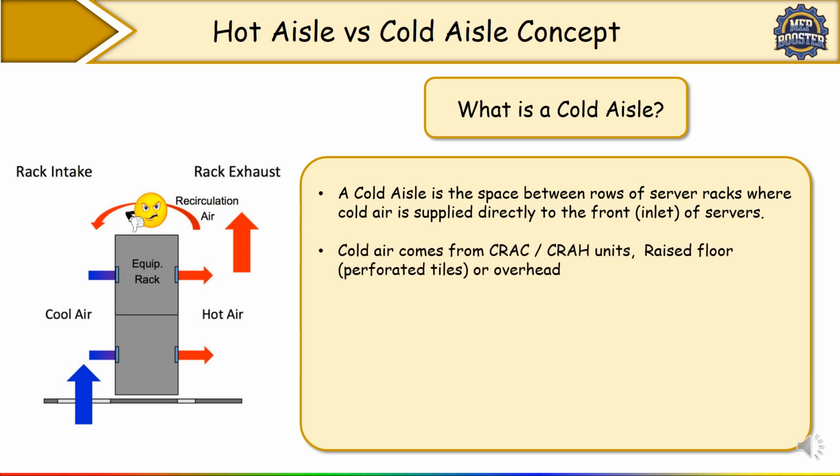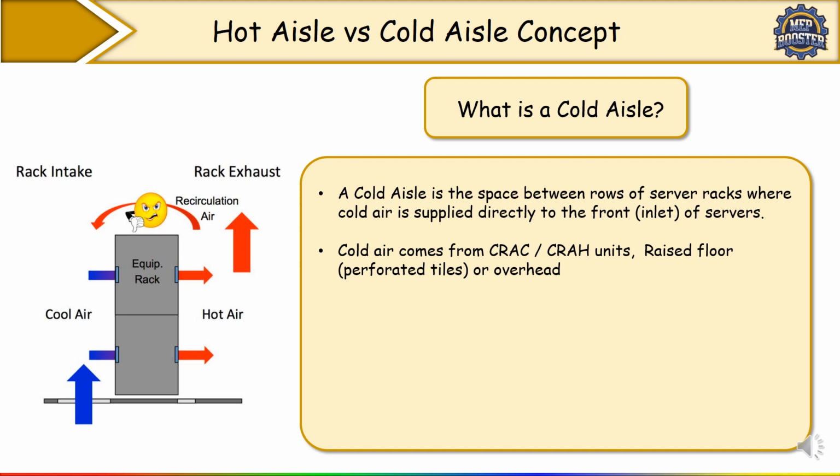Cold air comes from a CRAC or CRAH unit, or from the raised floor or overhead. So these are the sources of cold air. All of you know the cold air is supplied from an HVAC system like a CRAC or CRAH unit. CRAC means computer room air conditioner. CRAH means computer room air handler.